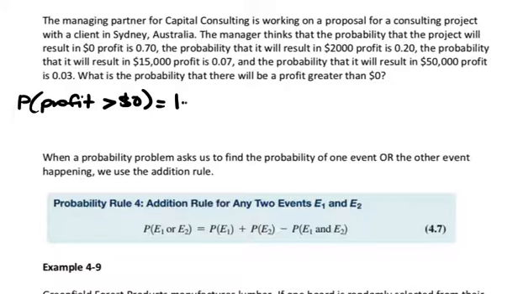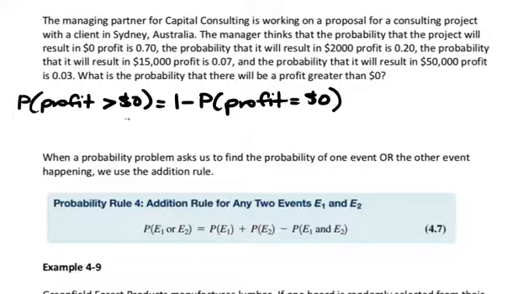So the probability of profit being greater than $0 is equal to 1 minus the probability that the profit is $0. Profit being greater than $0 means that the profit is not equal to $0. So those are the only two options. Either the profit is $0 or it's more than $0.